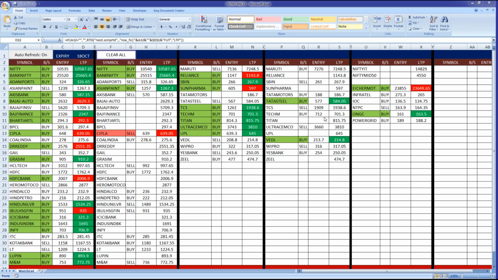You'll get the Excel sheet, the entry prices. As soon as you enter a particular trade, you just ask me for the stop loss and the targets. I'll provide you the stop loss and the targets. So you enter into the trade, you take the stop loss and targets, and then complete your trades. So this is how we trade.